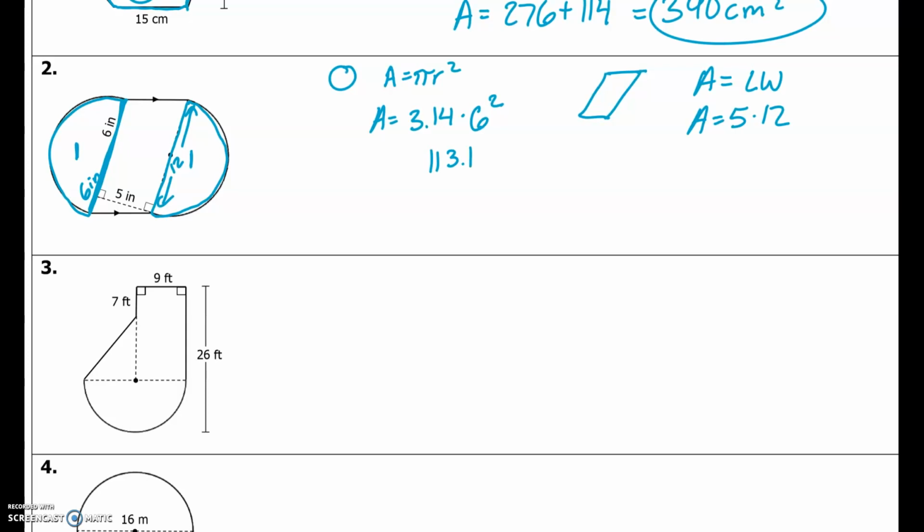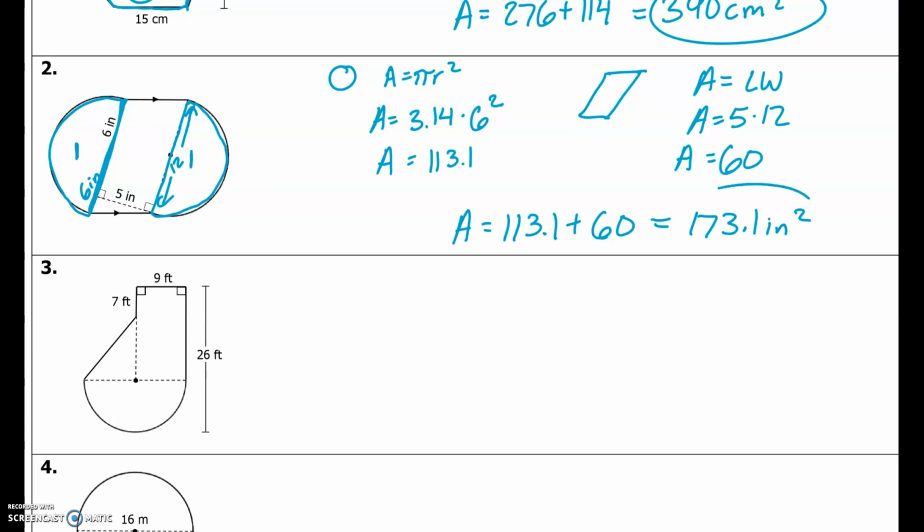That's approximate because of pi. And so that's the area of the circle. Over here we have 5 times 12, which is just going to give us 60. So the total area equals 113 plus 60, which is going to give us a total of 173.1 inches squared.